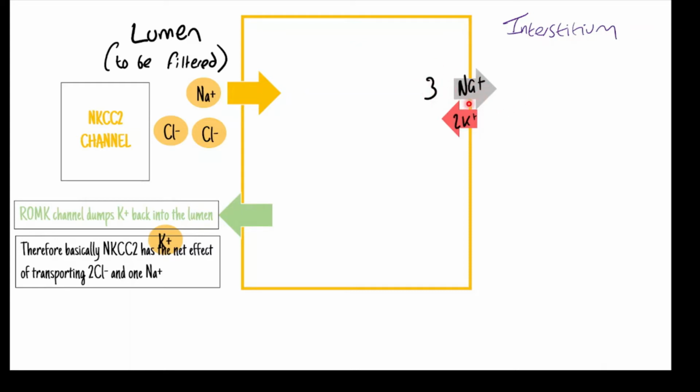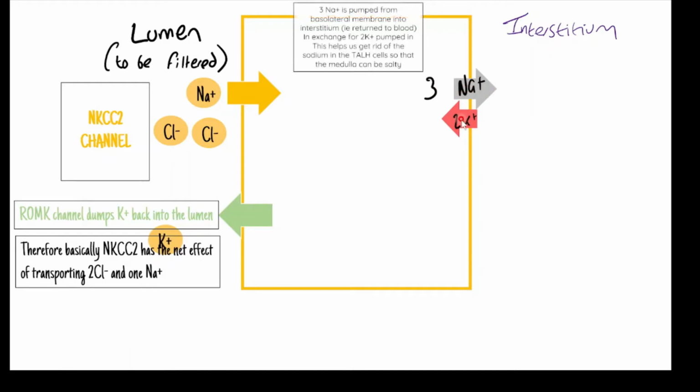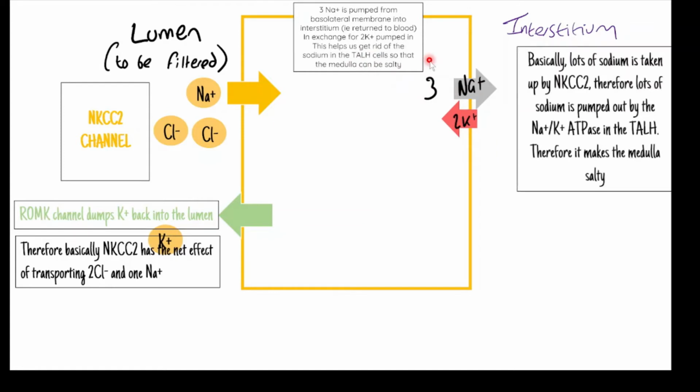So this is why we have this channel here. This is a very important guy. And as I said, 3 sodiums are pumped out for 2 K+ brought in. And this essentially is the guy that allows the medulla to become salty. Okay. And so essentially, NKCC2 takes up a lot of sodium and also chloride, and the Na-K antiporter allows it to be pumped out.